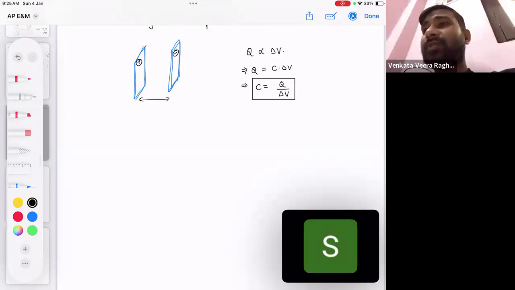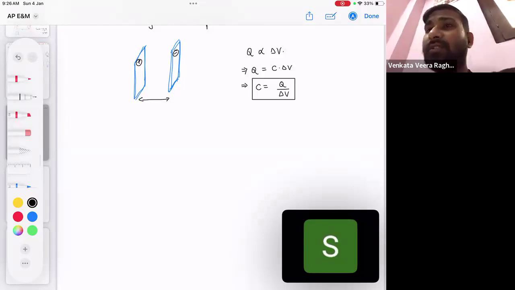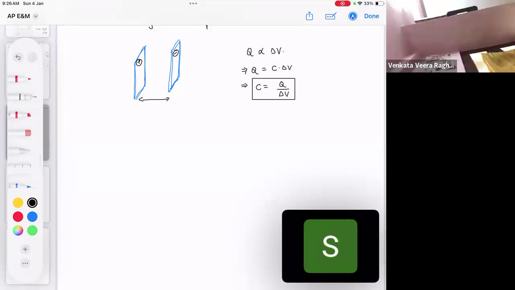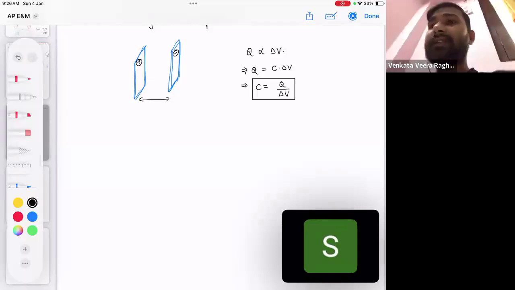So don't think that capacitance depends on the charge or on the voltage difference. Why so? Because if you change the voltage, the charge will also change, so the capacitance remains unchanged. Is that clear?